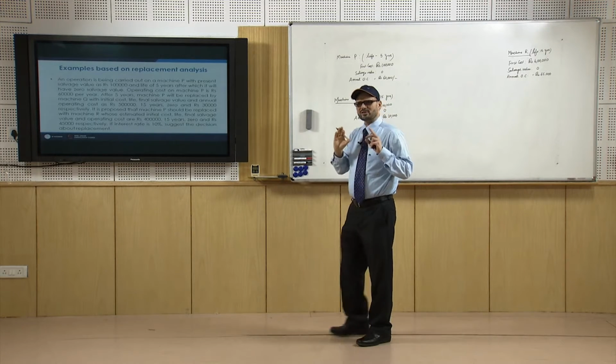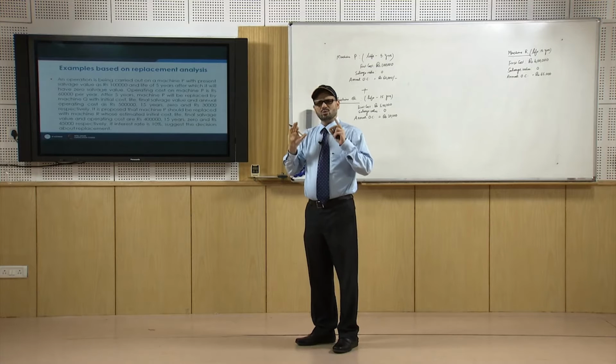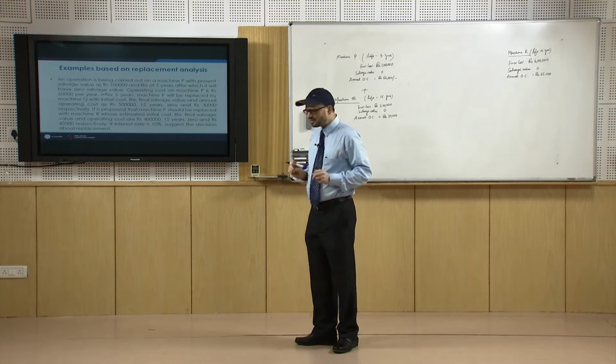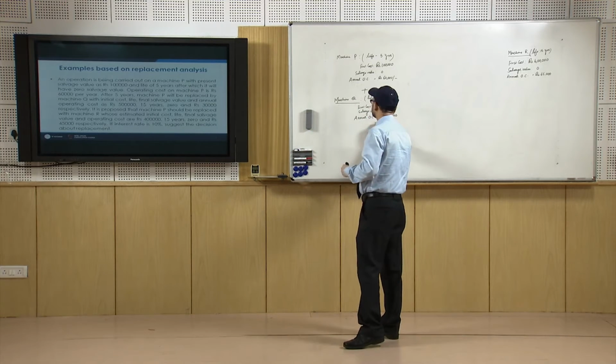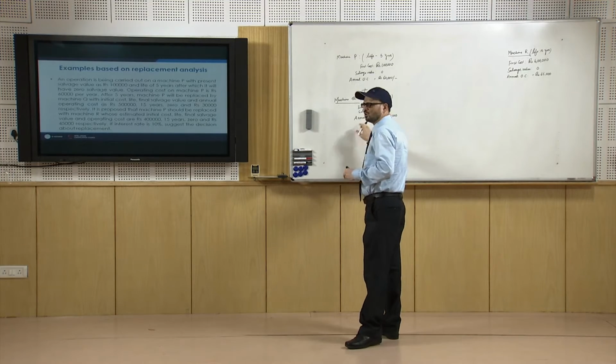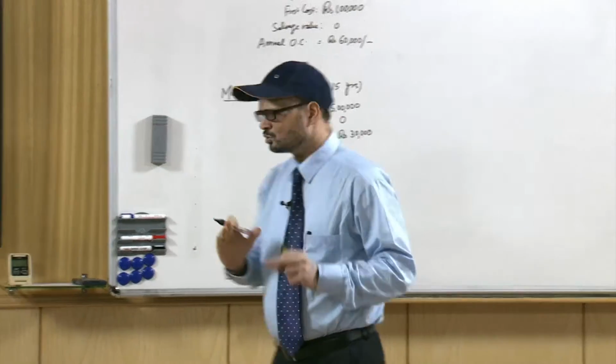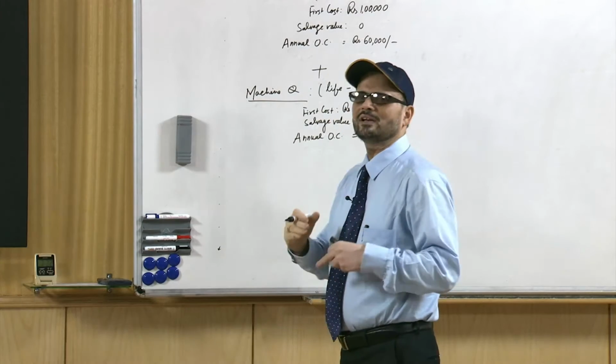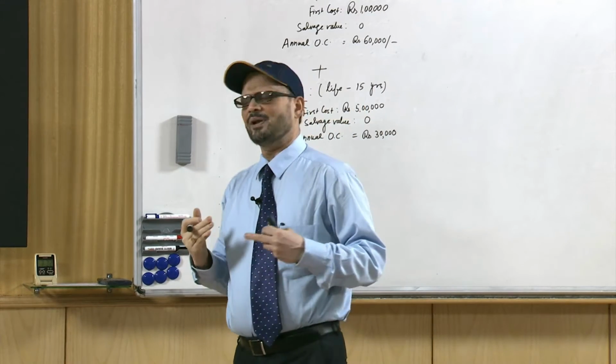So, on the basis of present worth you can compare whether the replacement is justified, and also you can say what machine Q will have when it is not used for 5 years, the implied salvage value.